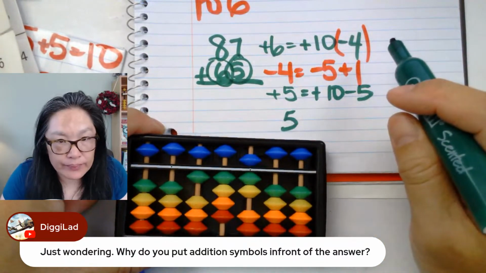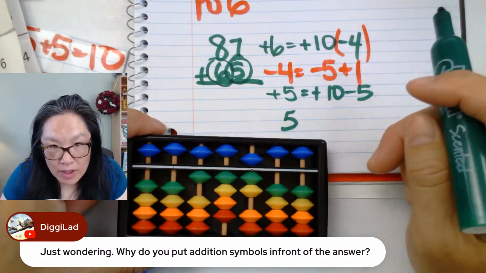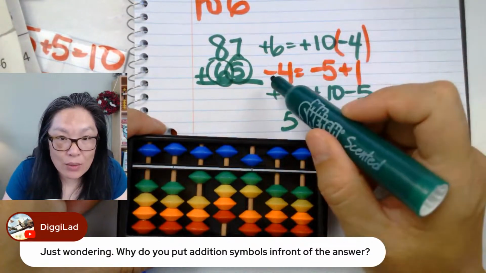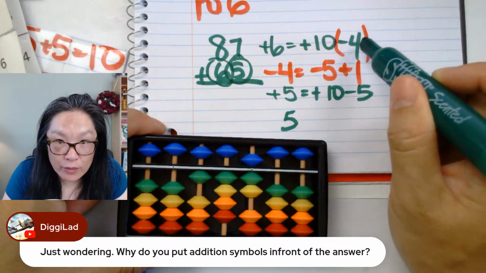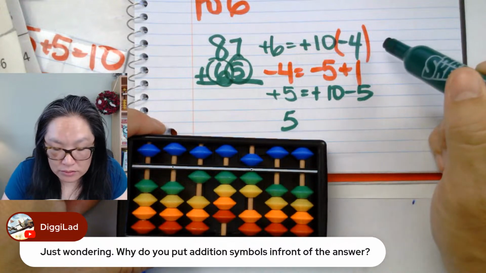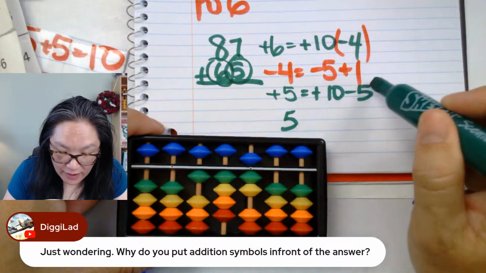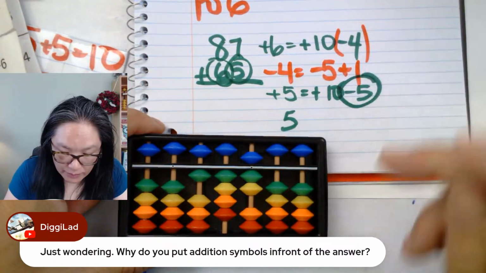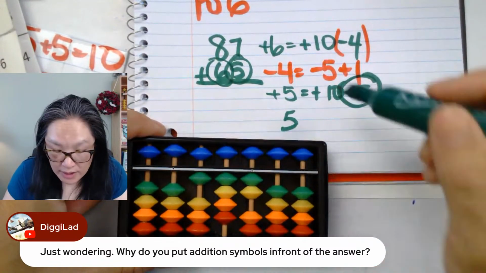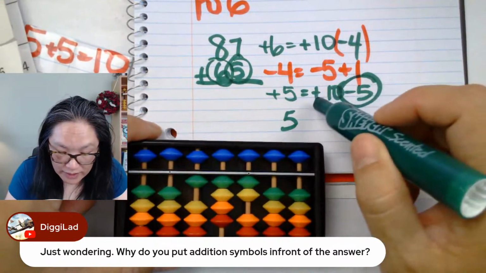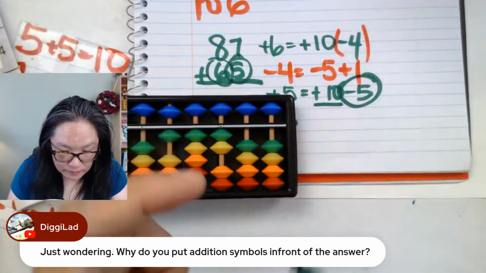But we want to be as obvious as possible. So that's why we do it in front. Because I want to take away the 4, so we know that we're taking away the 4. Minus the 5. So we're going to minus the 5. We could do that. Not a problem. Then here, we need to plus the 10.